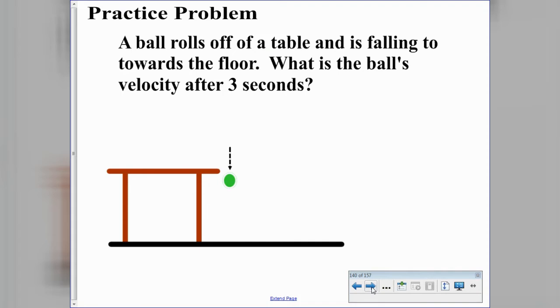First problem we have is a ball is rolling off a table and it is falling towards the floor. What is the velocity? How fast is it moving after 3 seconds? So again, in these problems, what I'm going to try and enforce with this is we need to write out what's given to us in the problem. First off, we want to find how fast is it moving at the end of its motion. Its final velocity.